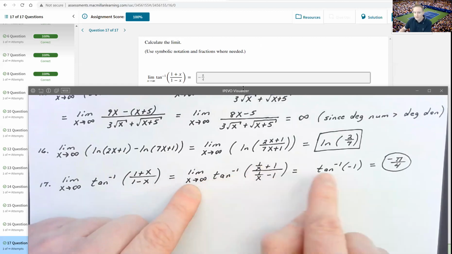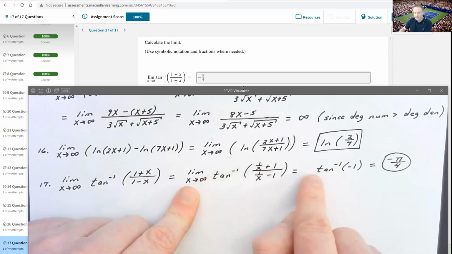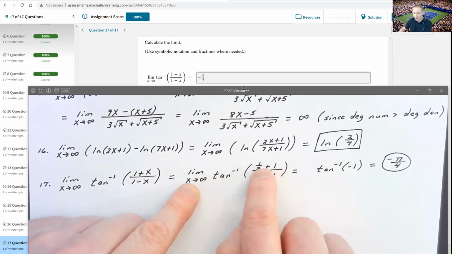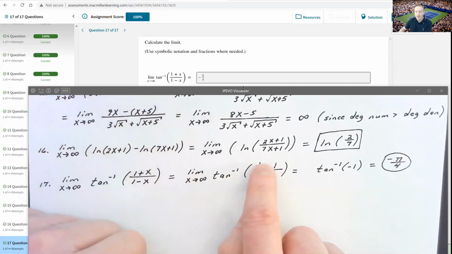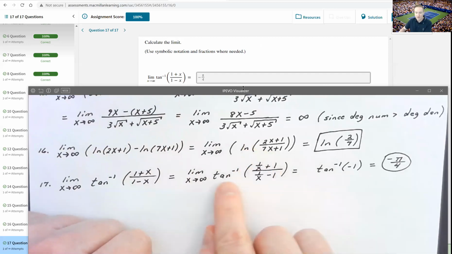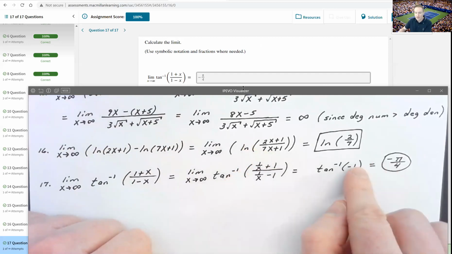Please notice from this step to this step, the limit is dropped. Why? Because I literally allowed x to go to infinity. That's why this term is ignored, and that's why this term is ignored. 1 over infinity is 0. So those cancel out and just become a 0. So we have the inverse tangent of -1.